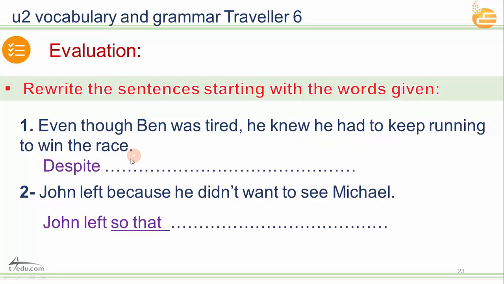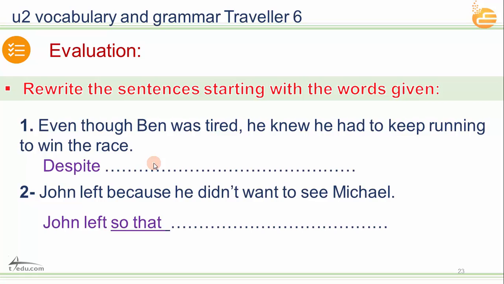We need to fix the sentence and exchange "even though", which is an adverbial clause, for despite. You can say despite, in spite of, whatever you like. You need to keep the meaning of the sentence. John left because he didn't want to see Michael. John left so that he wouldn't see Michael.